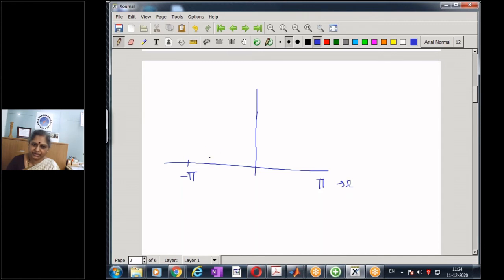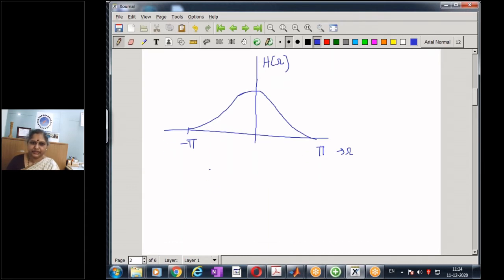And then say I am given some desired response, let us say this is our h of omega, and then we need to take samples equally. Let us say I'm going to take the samples from minus m to plus m, such that my n is equal to 2m plus 1. I consider the samples in this manner.